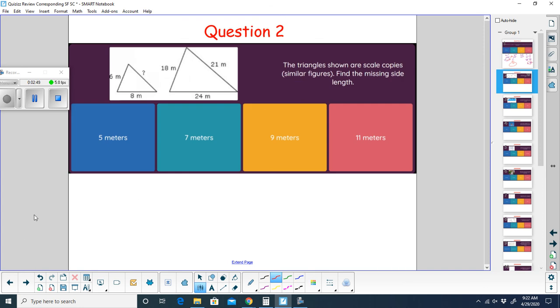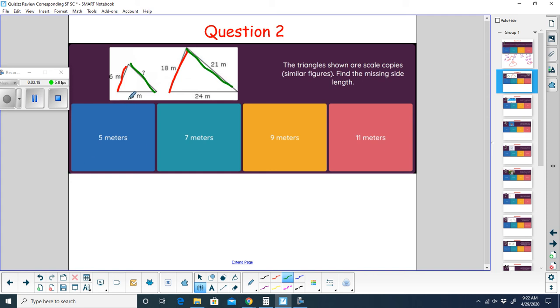Question 2. The triangles shown are scale copies, similar figures. Find the missing side length. Okay. Well, let's go with corresponding sides here. 6 corresponds with 18, right? And this missing side goes with this side over here, right?